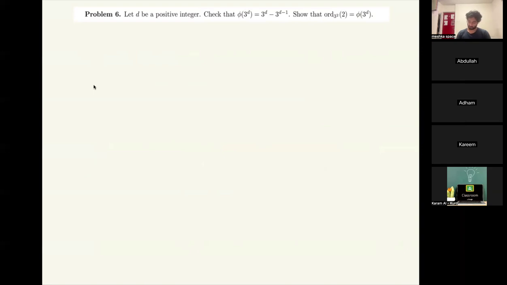So, okay, what we want to show is that the order of 2 modulo 3 to the power of d is exactly phi of 3 to the d. So, yeah, 2 is coprime to 3 to the d, so it's okay. This makes sense.